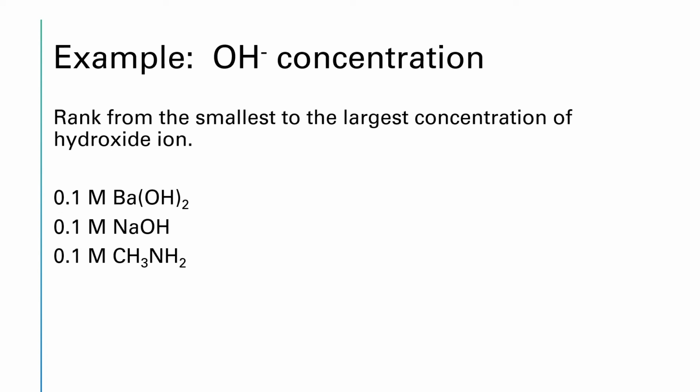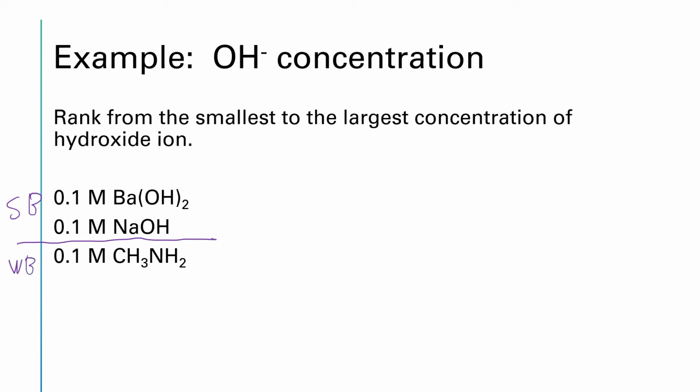All right, we're trying to figure out what the hydroxide ion concentration is in 0.1 molar solutions of these three compounds: barium hydroxide, sodium hydroxide, and methylamine. The first classification process that I want you to think about when you're faced with a question like this is strong versus weak. Those top two bases are both strong bases, and the bottom one is a weak base.